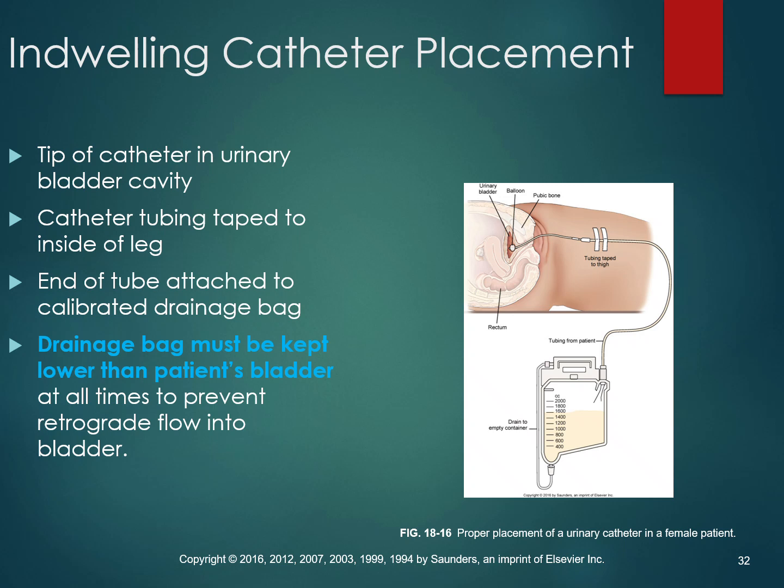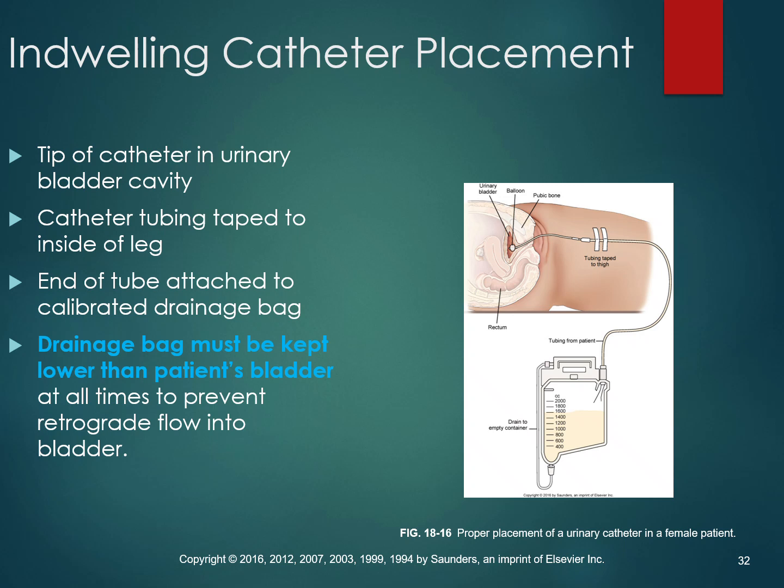As far as the placement, once again, this is not within our scope of practice to put in a urinary catheter, but we do deal with patients that have them. This is kind of how it works here. You can see the body in cross section. The tip of the catheter is in the urinary bladder cavity.